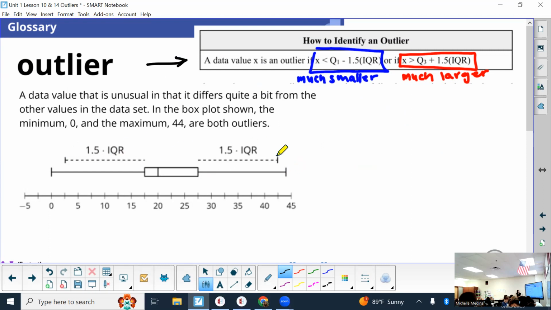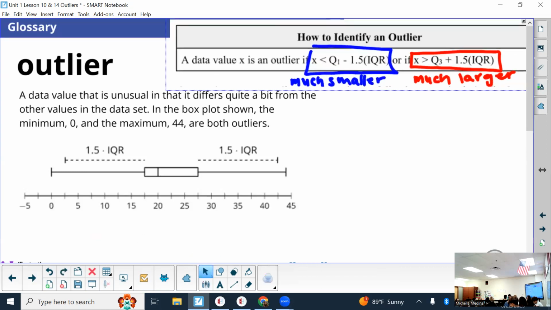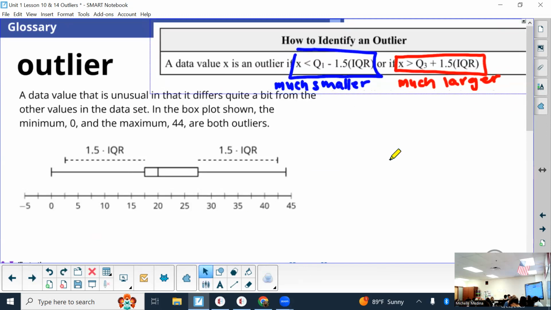You could copy that in if you want, where you can visually see 1.5 times the IQR from each of the quartiles. I'm going to try and make that big, but you should copy it down. There's a space for you to copy it. I think that's as big as I can make it.